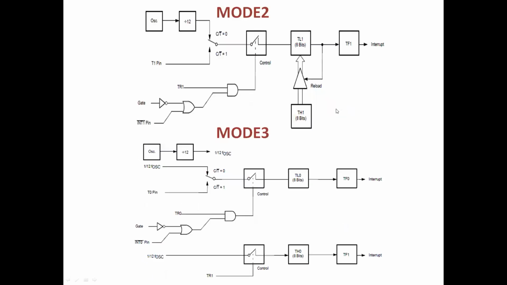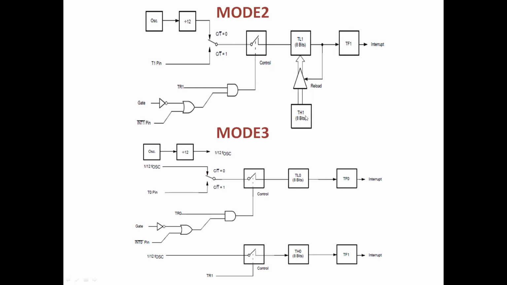Mode 2 is the 8-bit auto reload mode. So instead of 16 bits, only 8 bits are meant for counting. The other 8 bits, the TH bits, are meant to store a particular value, which is loaded every time once after overflow is observed.